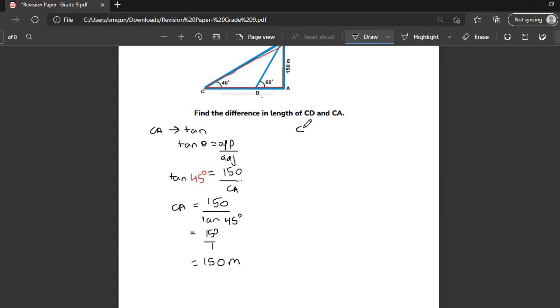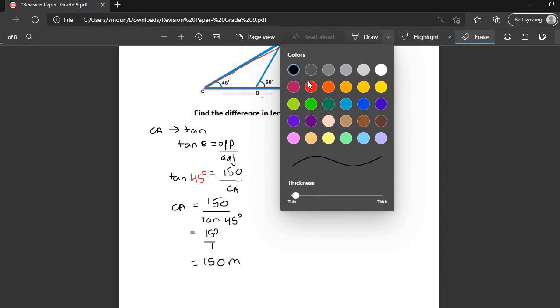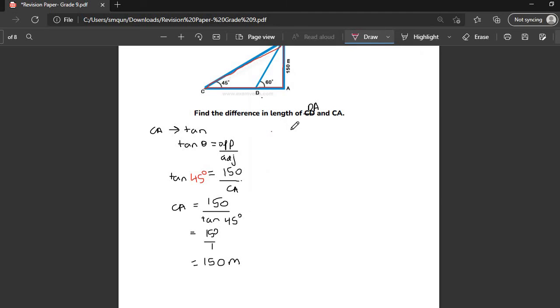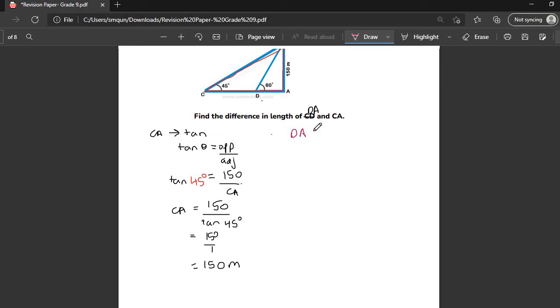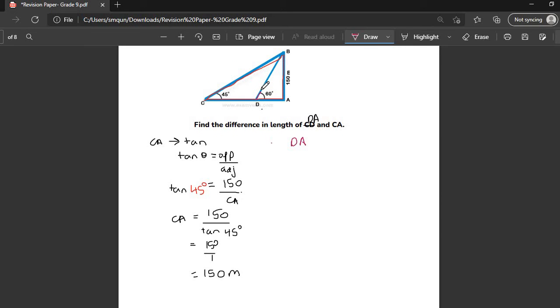We're going to do the same thing to find DA. That should have been DA, sorry, let me cross this out. You'll notice that there is a smaller triangle here, and I'm going to outline the smaller triangle in purple.